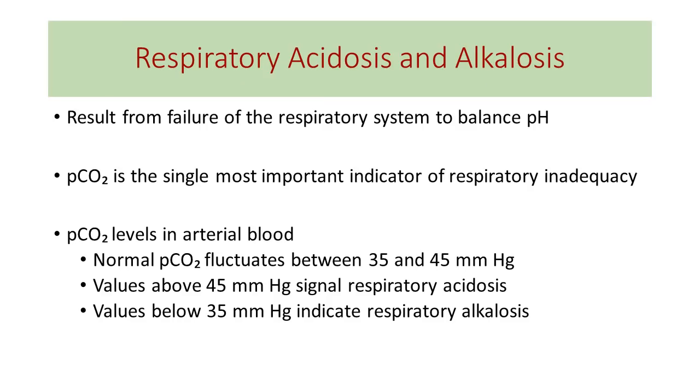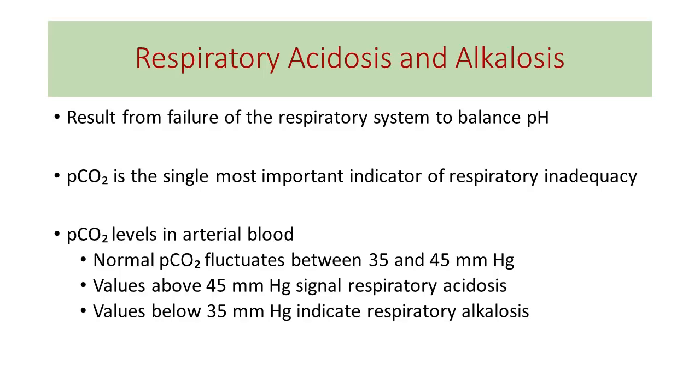If we look at the state of respiratory acidosis or respiratory alkalosis, it's important to understand what this refers to. This has to do with the concentration of carbon dioxide in the blood, and it's going to result from the inability of the respiratory system to get rid of enough CO2 or to balance the pH in the blood by the respiratory rate.